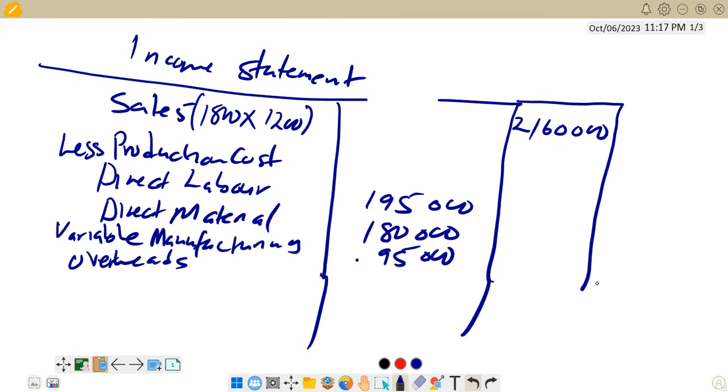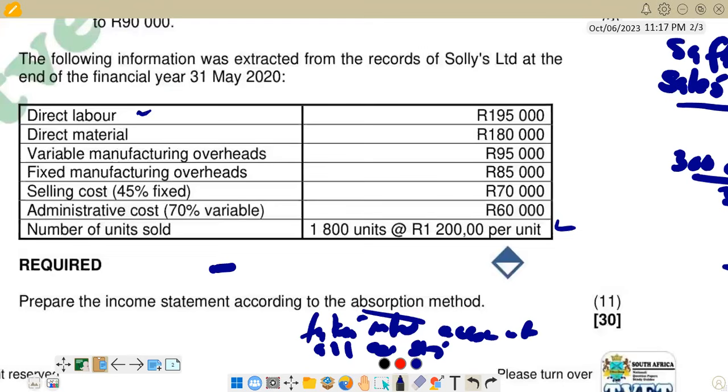So, we're going to continue here. From there, we also look for another expense. After variable manufacturing overheads, we have the fixed manufacturing overheads.